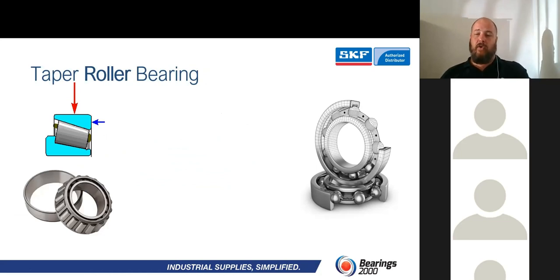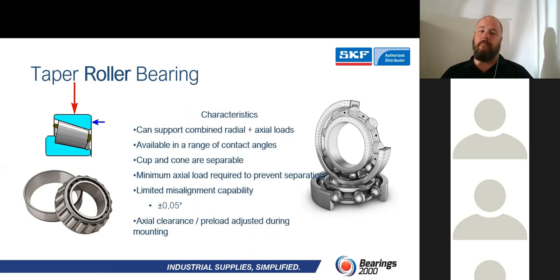Taper roller bearing, or as the old school guys still refer to it, a wheel bearing. Yes, most of the vehicles that come out have taper roller bearings, but taper roller bearings do have a place in the industrial sector and agricultural sector as well. So you can support a combined load, of course, as you can see over there with that contact angle and being a separable design.